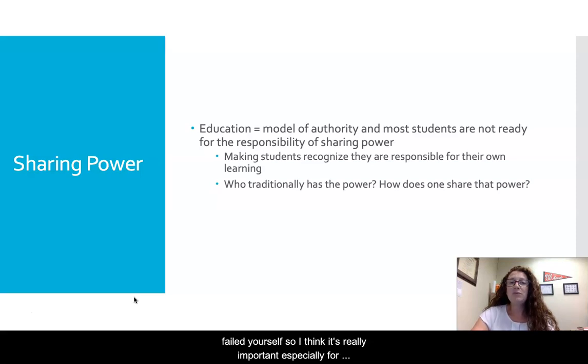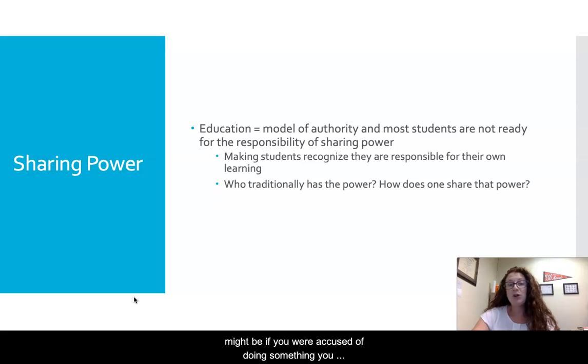So I think it's really important, especially for those that are teaching middle schoolers and freshmen, to really get them to think about the ownership they have for their own learning, right? I mean, who traditionally has the power? We talked about the power brokerage between teachers and students, and thinking about a time when you really noticed that power brokerage.